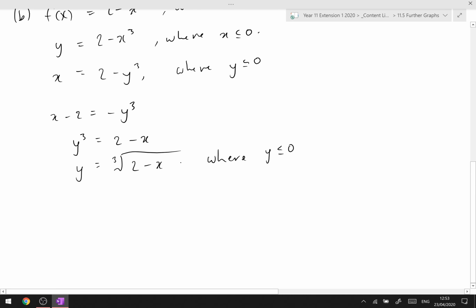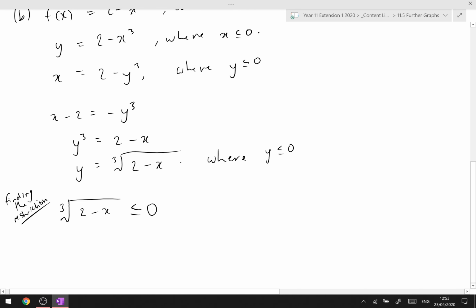So, finding the restriction: the cube root of 2 minus x, because this is y here, needs to be less than or equal to 0 according to the restriction over here.